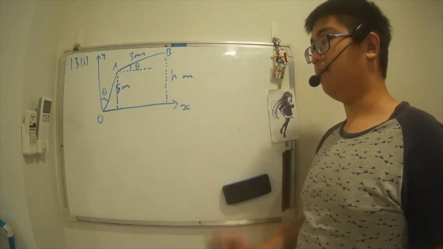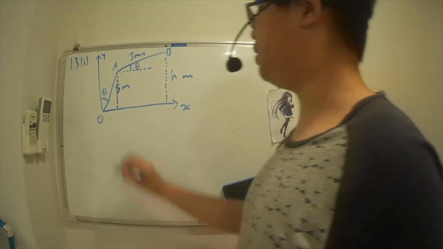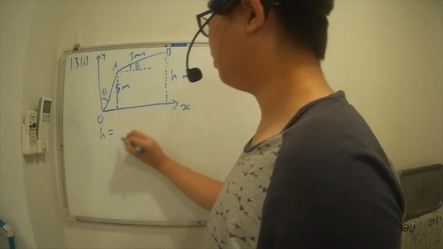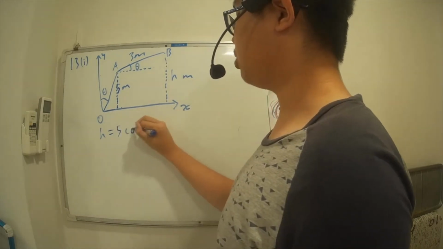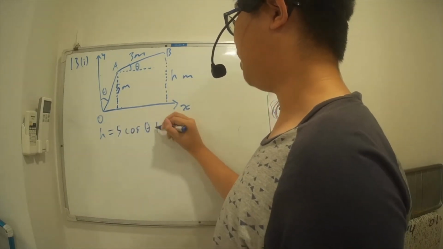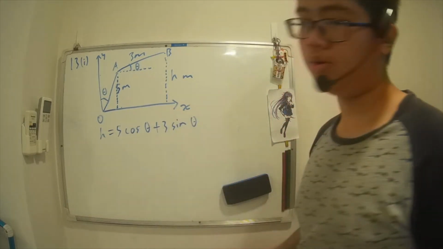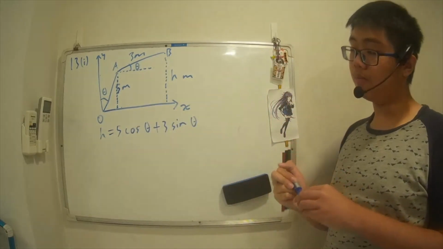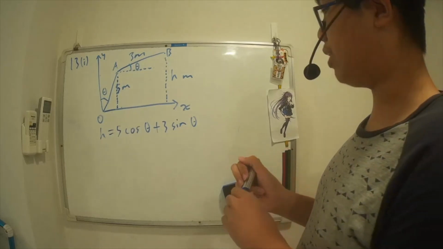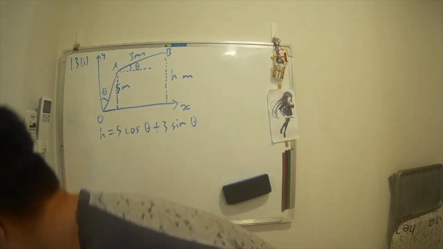So this will be sine. So this is simply h is equal to 5 cosine theta plus 3 sine theta. That was very simple, right? We won't need the diagram for the rest of the question. So let's just take note of the expression of h.